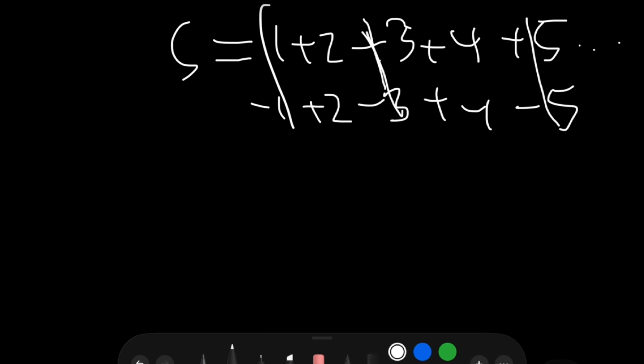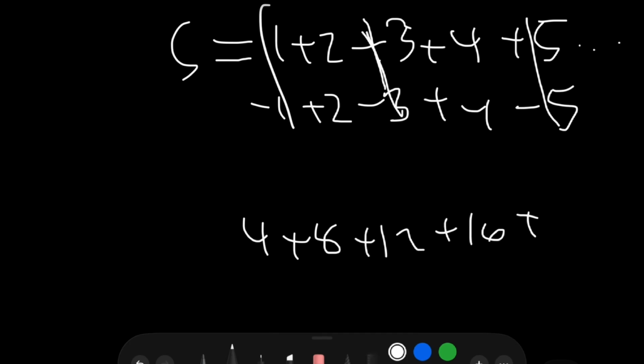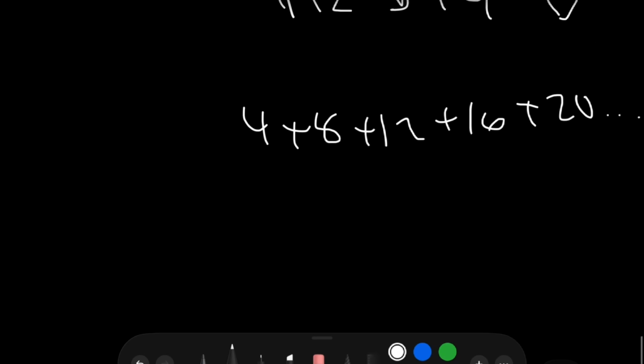And the even numbers, they just get multiplied by 2, so you're now left with 4 plus 8 plus 12 plus 16 plus 20, and it goes on and on and on. A sum of multiples of 4.